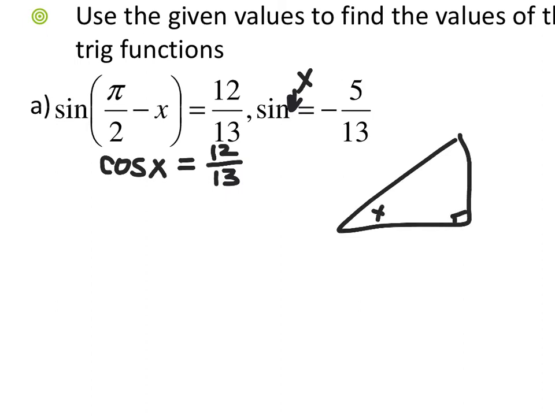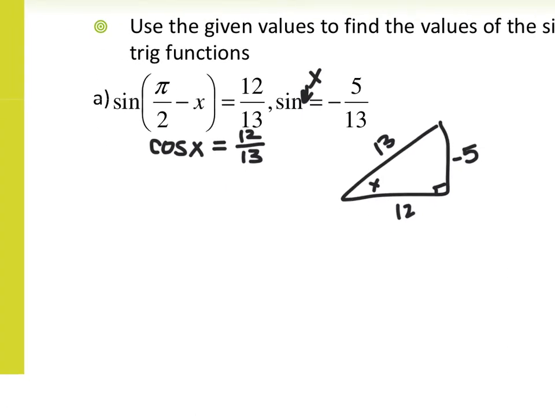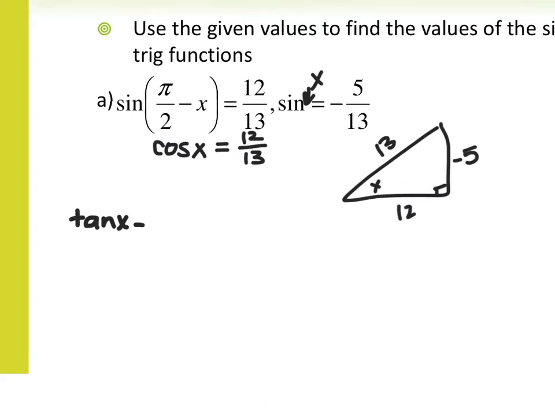So x goes in the corner, cosine is 12, which is adjacent, over 13, which is hypotenuse. Sine is negative 5 over 13, so I know that side is 5, but what this is telling me is it's now what? Negative 5. Now I already have sine, I already have cosine, I just need tangent, which is opposite over adjacent.